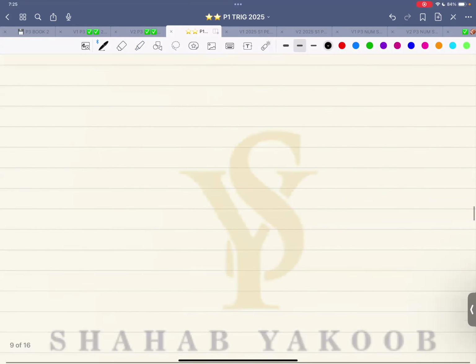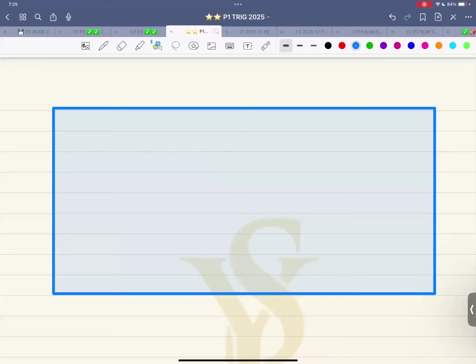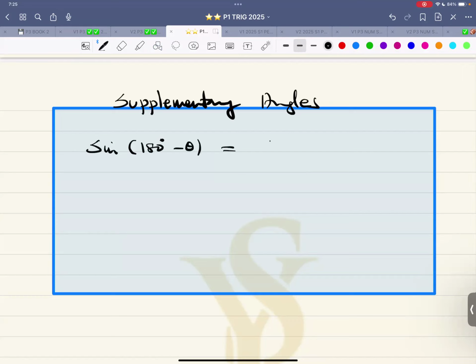Now, what is the bottom line of the story? If two angles are adding up to 180 degrees, supplementary angles, for sine, sine of 180 minus theta is sine theta.